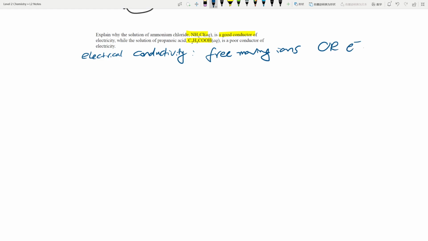This is going back to 2.4 in the solid section. So why does something conduct electricity? Because it has one of these two things. It either has free moving ions or free moving electrons.